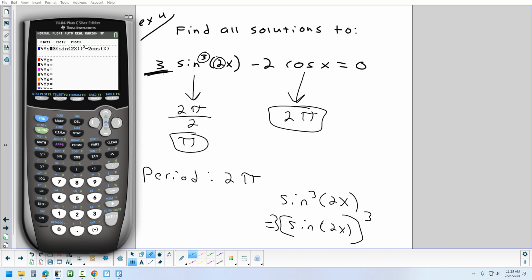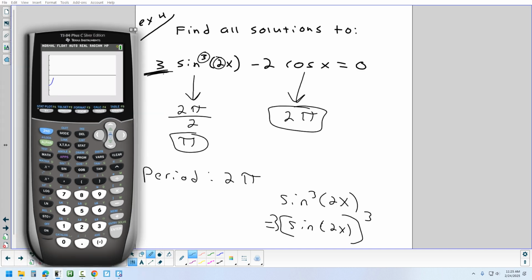All right, remember, we're looking for how many times it crosses the x-axis. Okay, how many times does it look like that one is crossing the x-axis? 5? Wait, 6. I cut off the top, that doesn't matter.